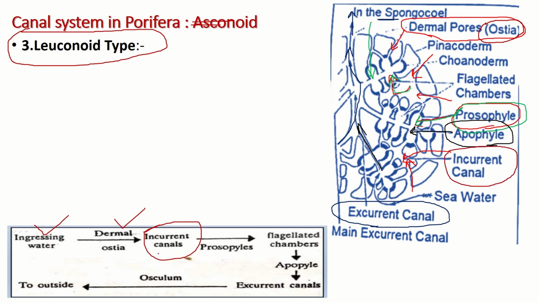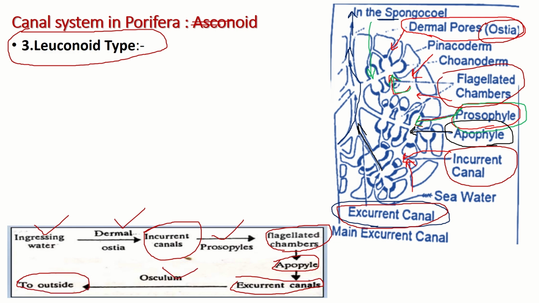From the incurrent canal, water goes down to the flagellated chamber by prosopyles. From the flagellated chamber, water goes into the excurrent canals with the help of pores called apopyles, and from the excurrent canal, water goes to the outside by the osculum.